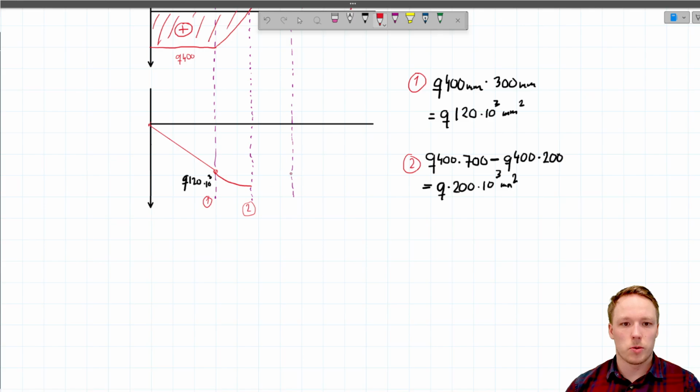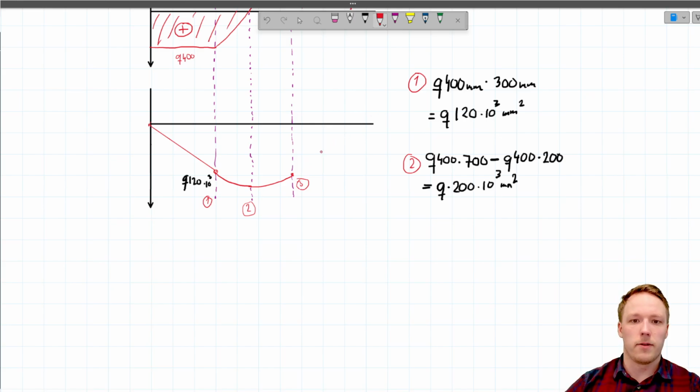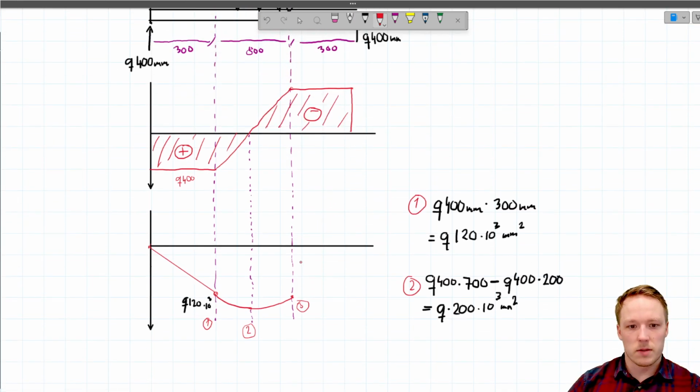That's location 2. And then we can solve it for location 3, but since the scenario is symmetric, we know that at location 3 the value will be the same as it was at location 1. And then finally, at the end of this beam, we are going to be back at 0, which means that we will go linearly to 0.